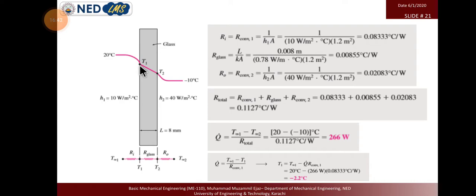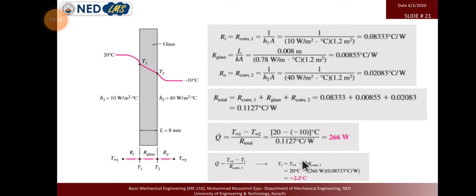So now we have the value of heat transfer. The heat transfer is constant throughout this path, so the heat transfer through the convection will also be the same. So the heat transfer of convection is equal to, we apply the same formula, Q is equal to 20 minus T1 divided by the resistance of convection 1.